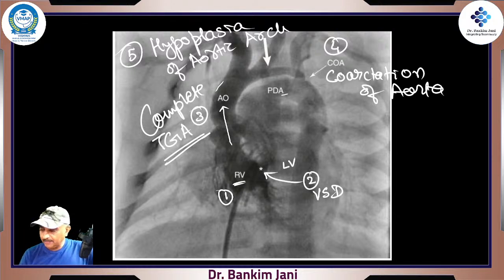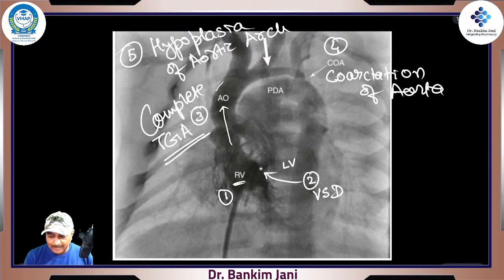And the best, which is so prominent, and this is what we are watching. See this? Changing the color. Yeah, this you can see over here. And this one, right? This is PDA, patent ductus arteriosus.